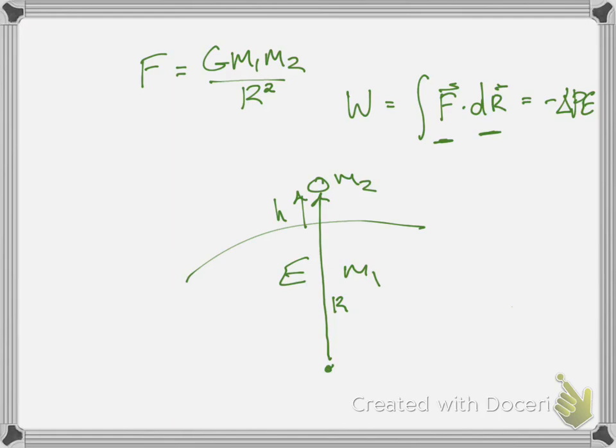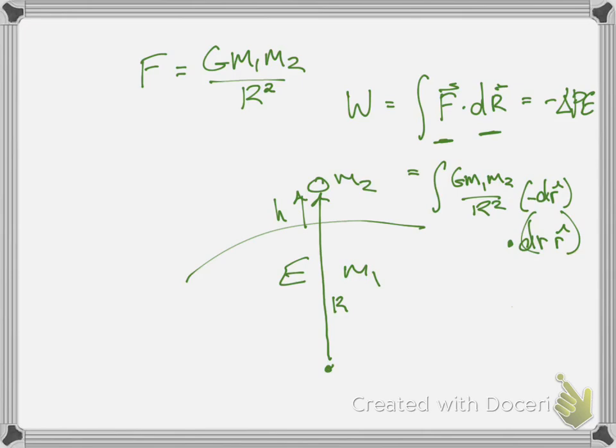The way the signs work out is a little bit complicated here. We've got a bunch of negative signs because this is a vector equation. Work equals F dot dr is a vector equation. Remember, F has a direction of minus r hat, and dr has a direction of r hat. So we can rewrite this as the integral of G m1 m2 over r squared times minus r hat, dotted with dr times r hat.